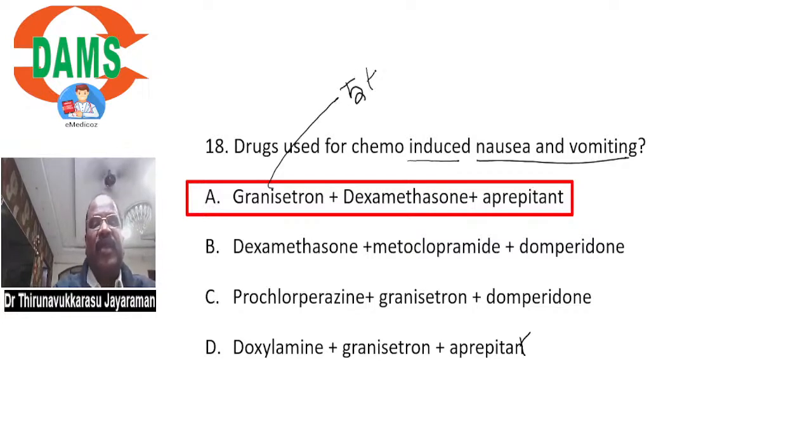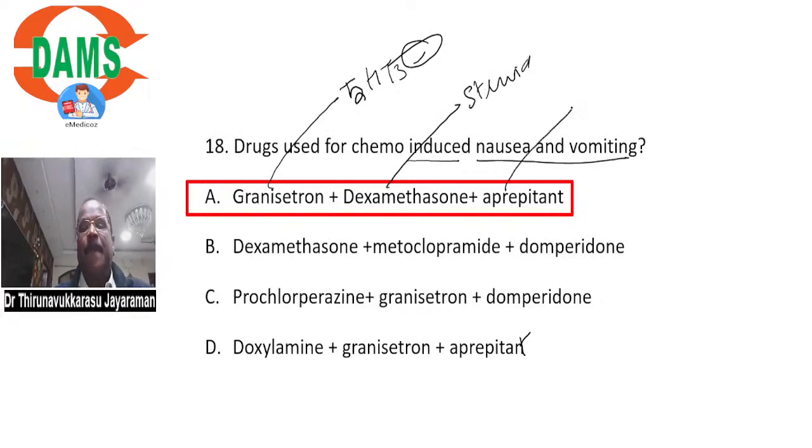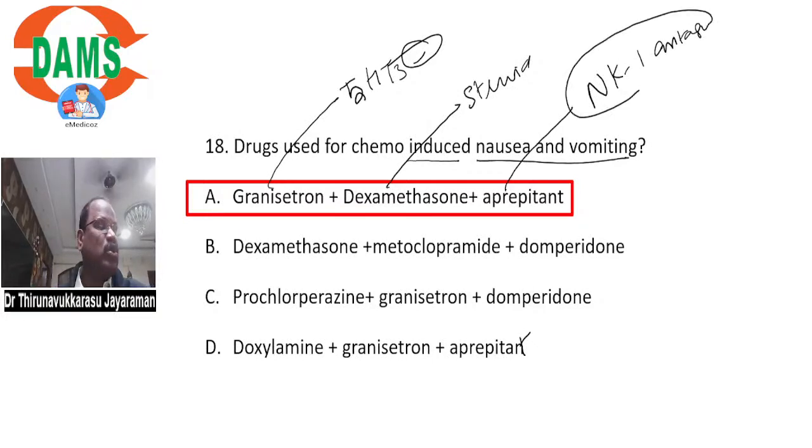Granisetron is a 5-HT3 antagonist. Dexa is a steroid. Aprepitant is a neurokinin 1 antagonist. This is the best combination among the given options. So let me refresh your points.